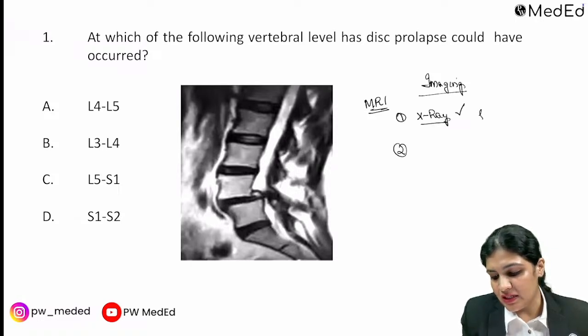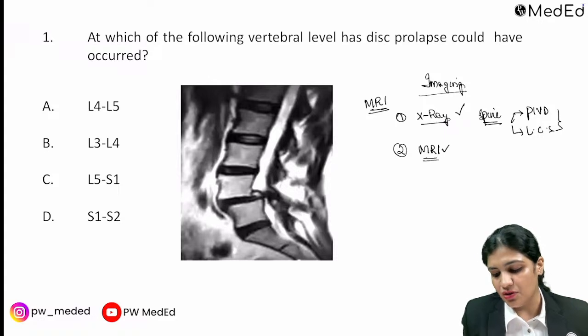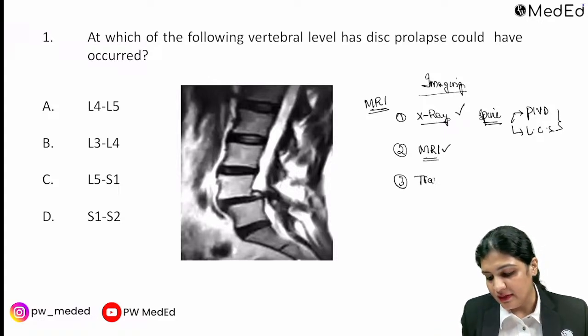Then for any spine case, if it is related to something like PIVD or lumbar canal stenosis, you go for the second choice of investigations, that is your MRI, right? If it is trauma related in case of spine, you go for CT as well as an MRI, right?